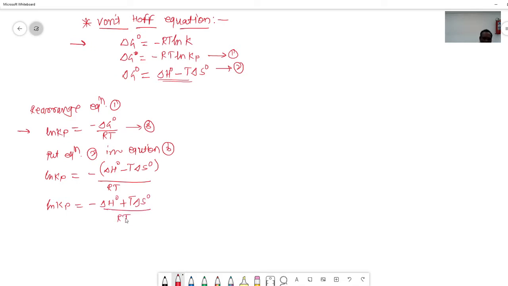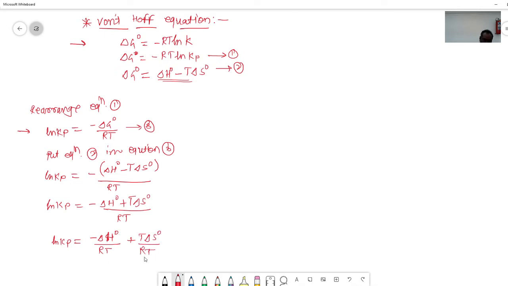Now the denominator RT term is divided between both the terms. Therefore again rearrange this equation. ln Kp is equal to minus delta H0 divided by RT, again plus T delta S0 divided by RT.